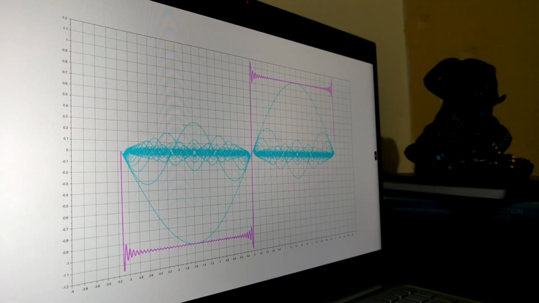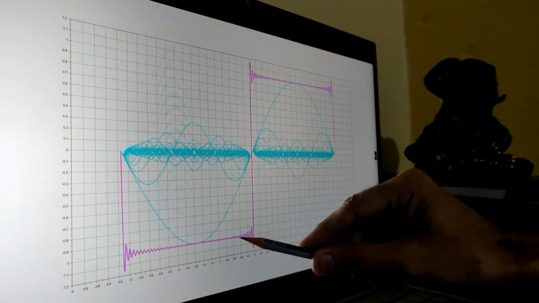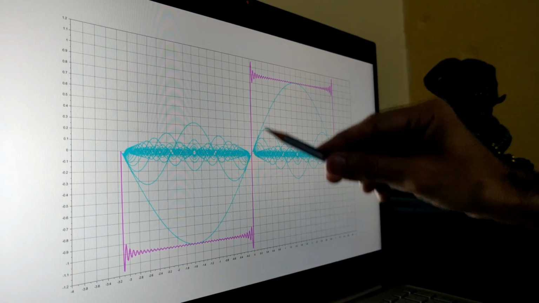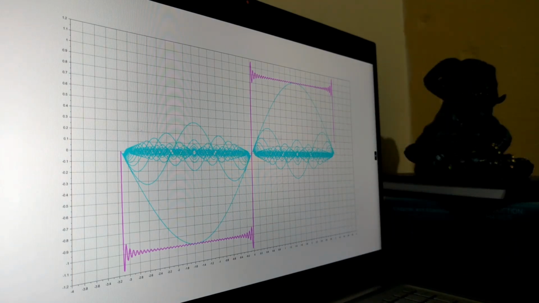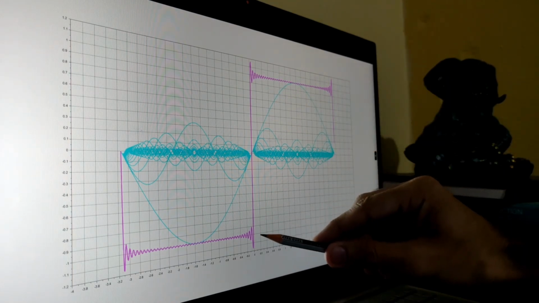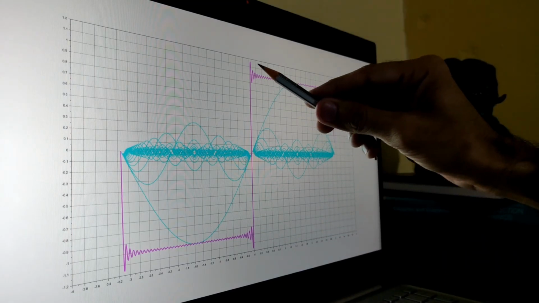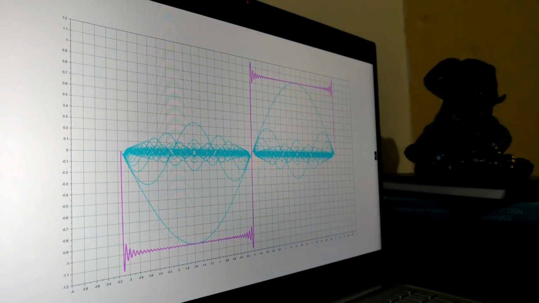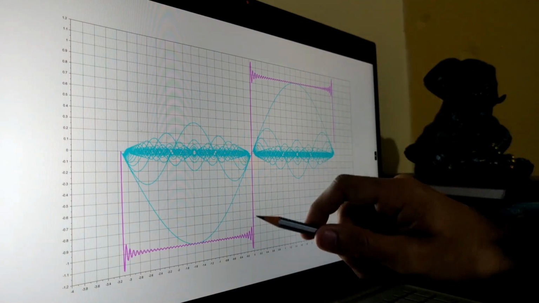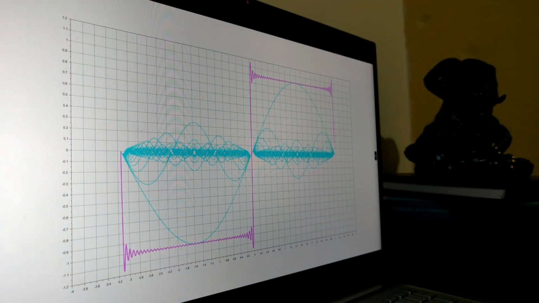And it's really not the flaw in Fourier series. It happens because our square function is discontinuous here. It has a jump. It's -1, and all of a sudden it jumps to this value, +1. And so derivative is infinite at this point.